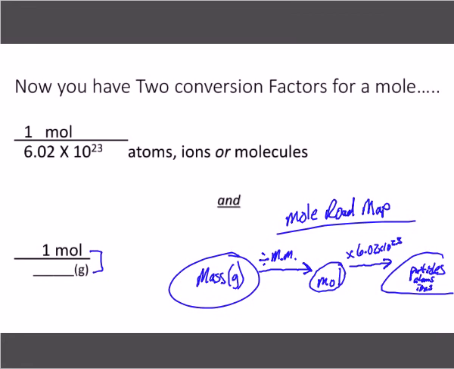On the flip side, we can do the opposite and go backwards. If I want to go from particles back to moles, I'm going to use that same number, but instead of multiplying, I'm going to do what? Divide. And then over here, if I want to get back to mass, I'm multiplying by the molar mass.